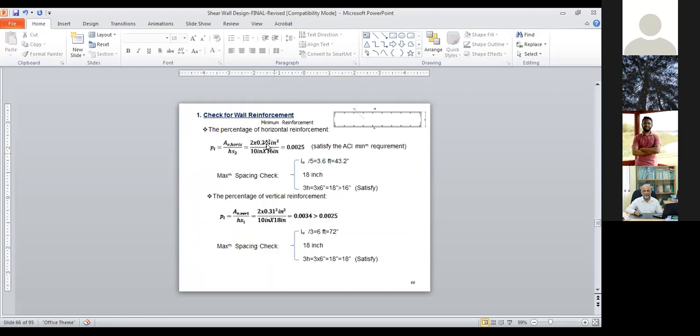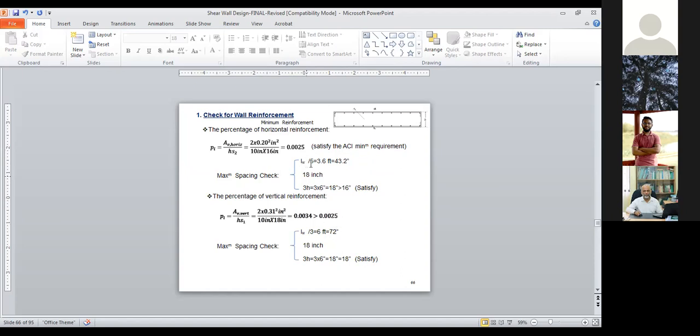That is 0.2 square inches times 2, because you have 2 legs, horizontal reinforcement. So you multiply it by 2, divided by h times s2, that is the spacing of the reinforcement, 10 times 16 inch. This gives you the percentage of the steel, that is 0.0025, that satisfies the minimum requirement.